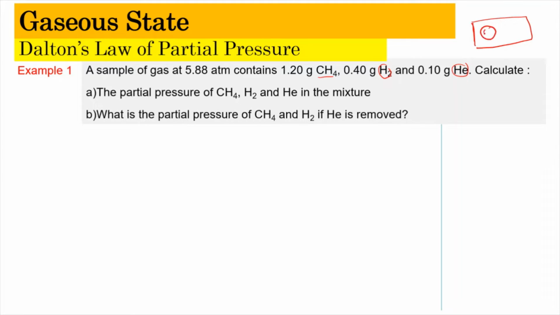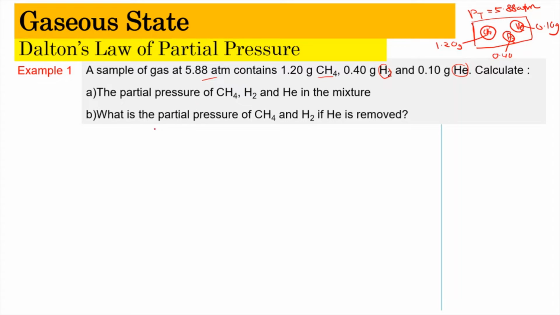So we have our CH4 gas, and then we have our hydrogen gas as well as helium. And these will have their own masses, which are 1.2, 0.4, as well as 0.10 gram. And then the total pressure inside the container is going to be 5.88 atm.